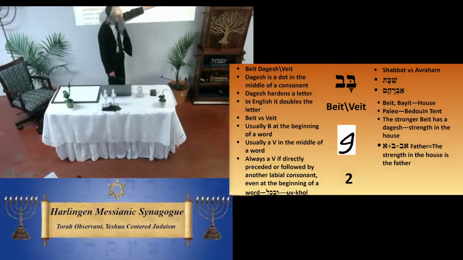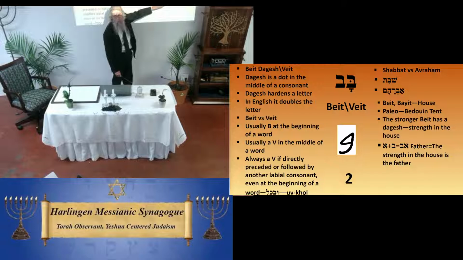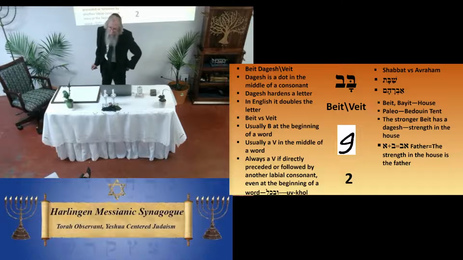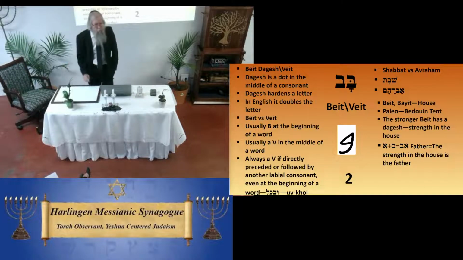So strength plus house equals Av. Father. Abba. When you call him Abba, Abba literally means daddy. Dad. Av means father. Abba, notice it's stronger. It's a bet dagesh. Abba, aleph, bet.